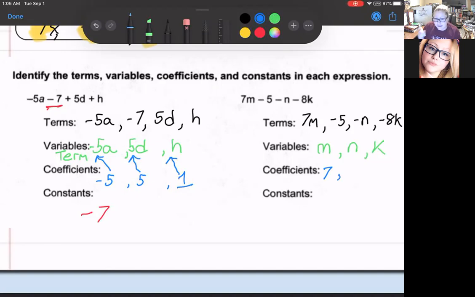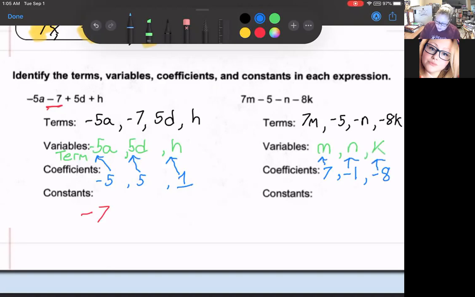We don't see a number written in front of it, but we see a negative, and we know that the number written in front of it really is a 1. So that negative is attached to that 1, and it's a negative 1. And what's attached to that k? A negative 8. Do not forget the signs. And I'm going to draw a line so we remember what they're attached to.